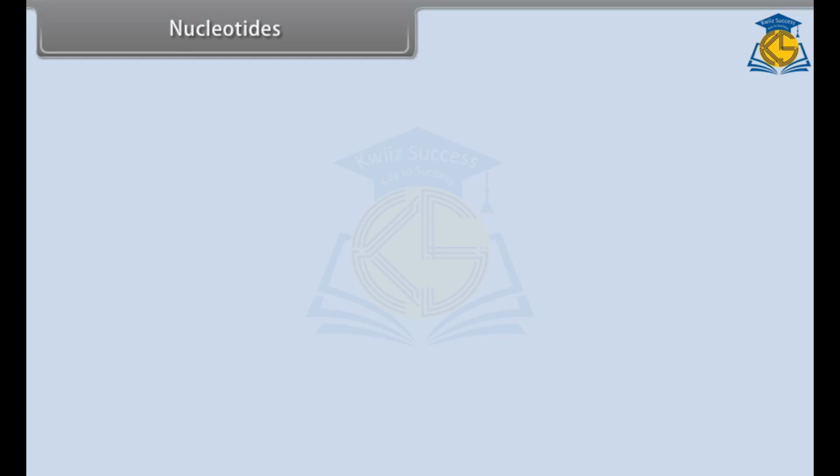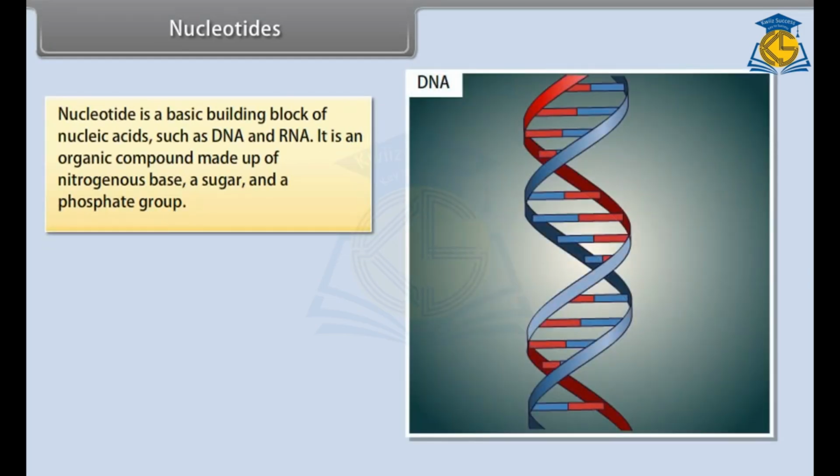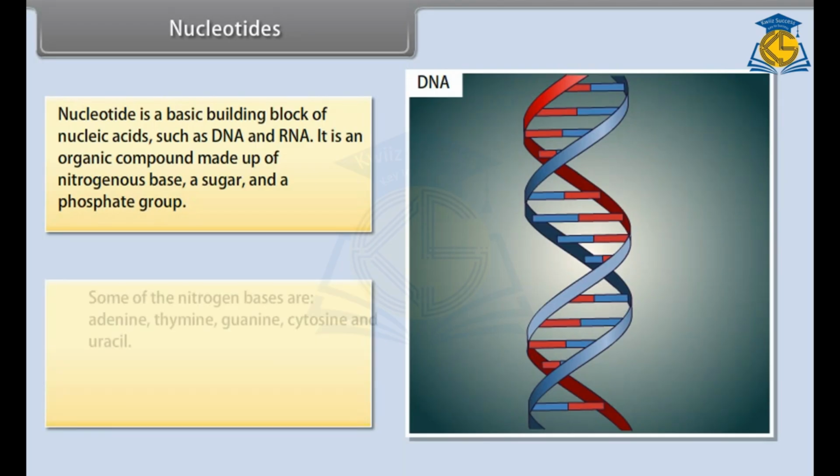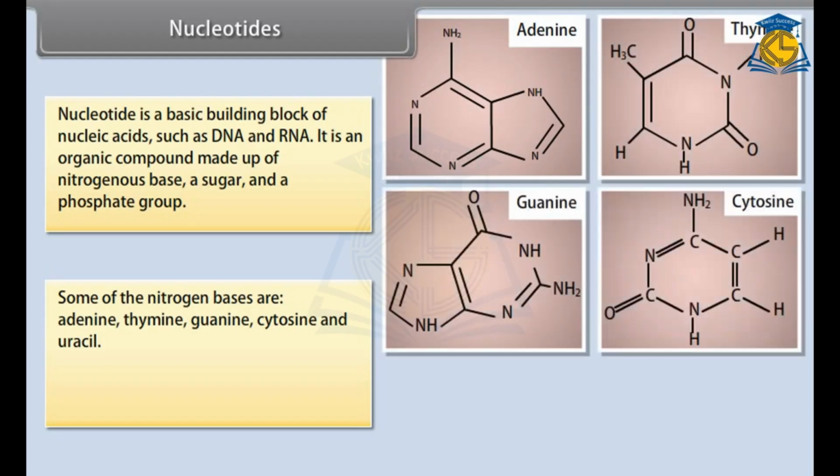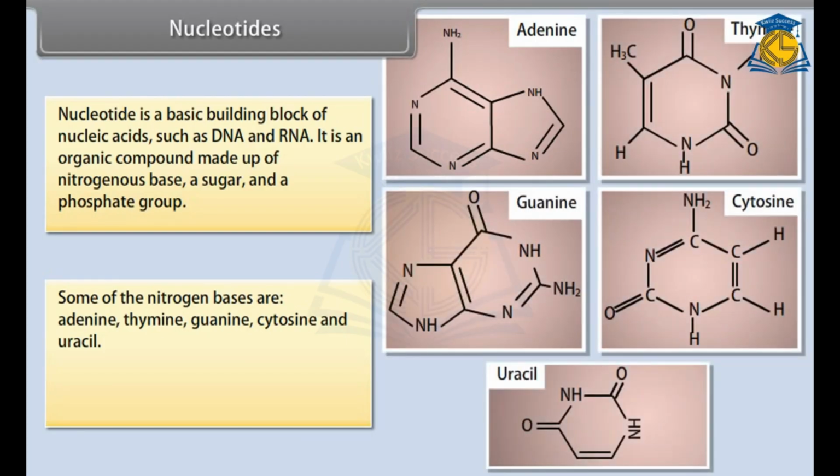Nucleotides. A nucleotide is a basic building block of nucleic acids such as DNA and RNA. It is an organic compound made up of a nitrogenous base, a sugar, and a phosphate group. Some of the nitrogen bases are adenine, thymine, guanine, cytosine, and uracil.